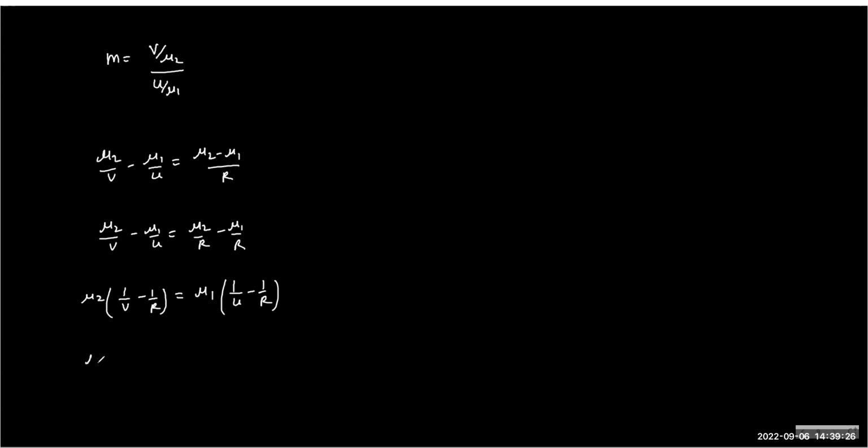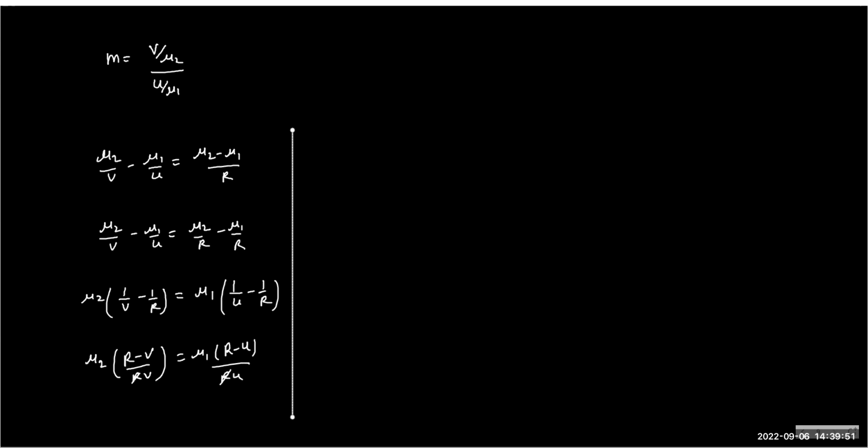Anyway, you can write like this. As of now, I'll just write like this, mu2. Take LCM, r minus v upon rv, r minus u upon ru, r cancels.